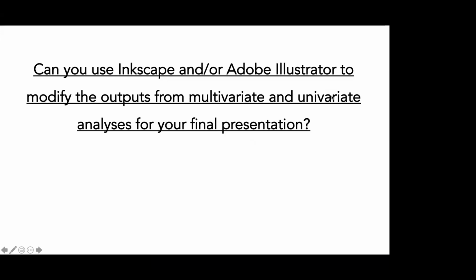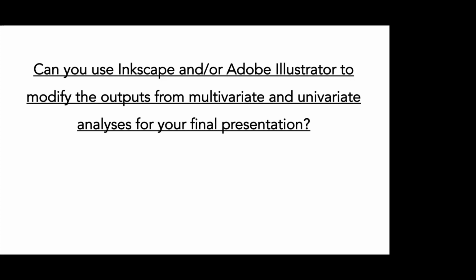But I think the best way for you to actually learn how to use one or both of these softwares is to simply take the outputs from the previous days in the course, the multivariate, the univariate, the networks, etc., and to try to make them as beautiful, or maybe not beautiful, but as clear and conveying as much information as possible.